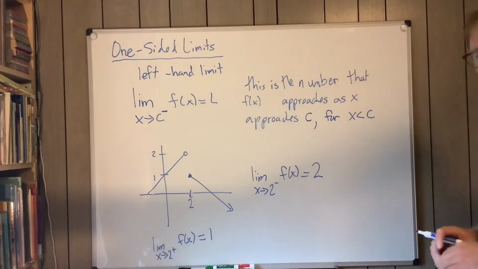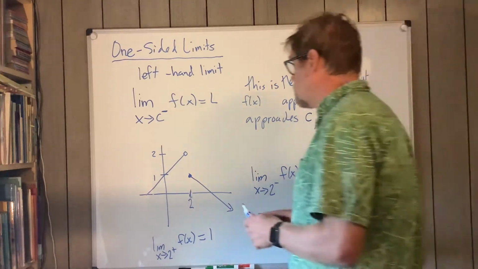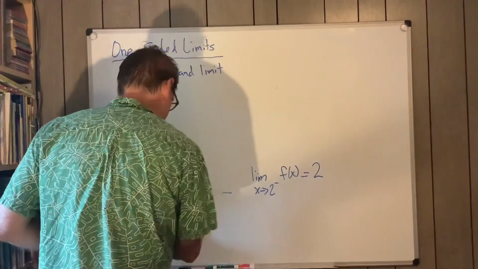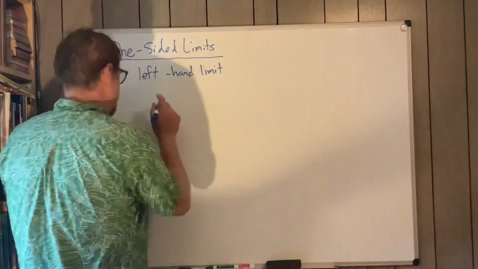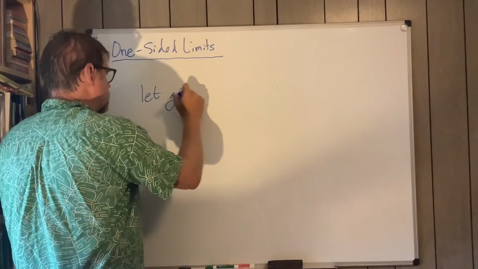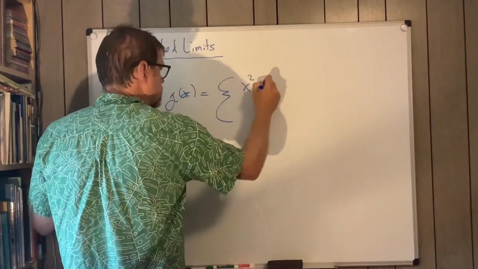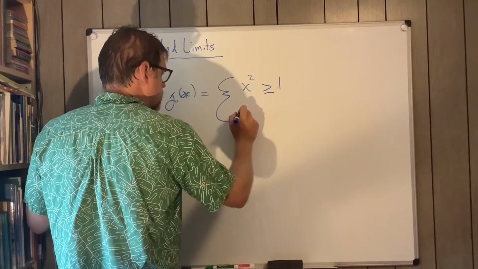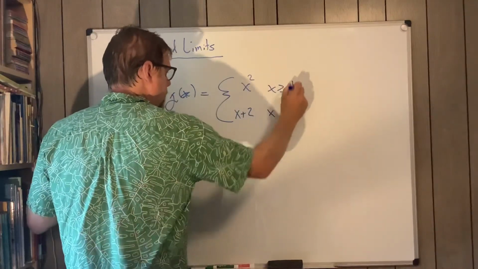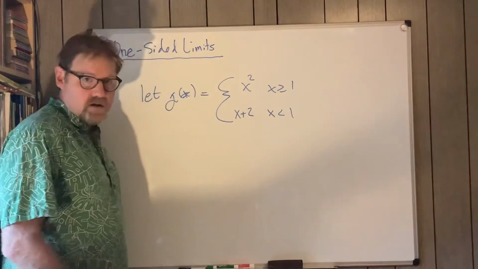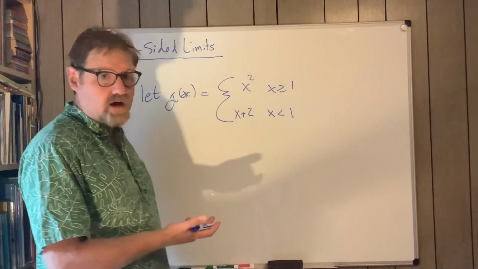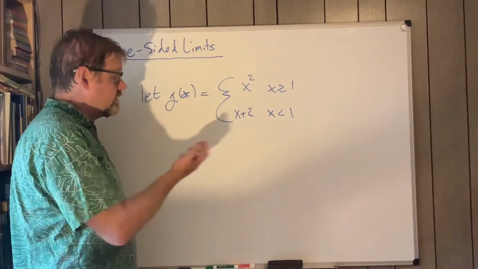Okay, all right, let's do one other. So the picture before was based on the graph, but what we now know with the limit laws is that we can do these things analytically.